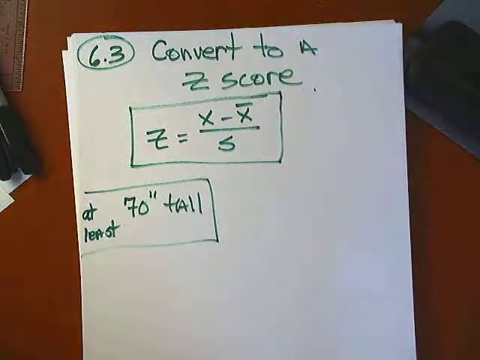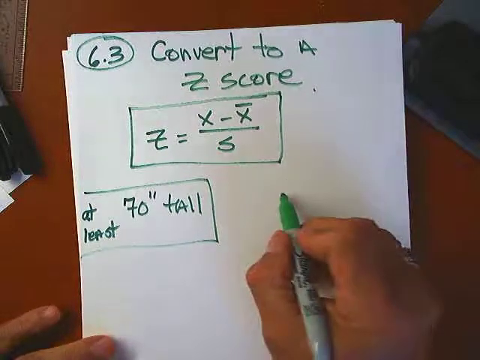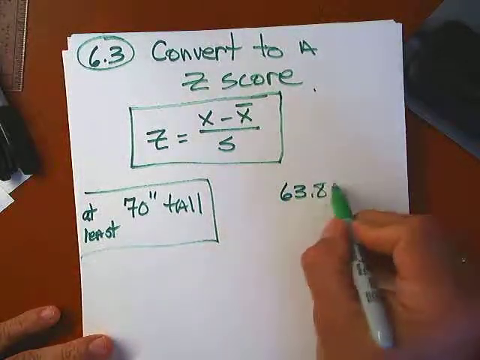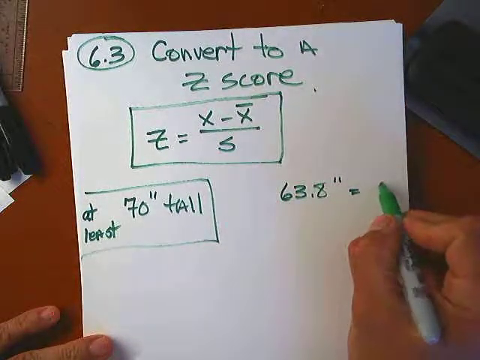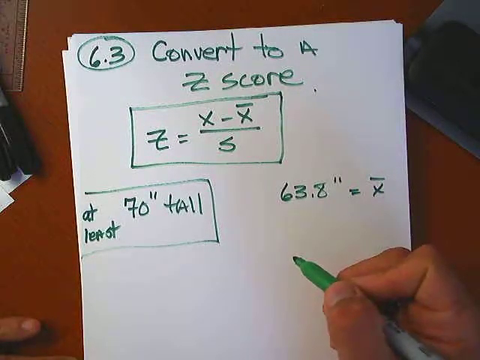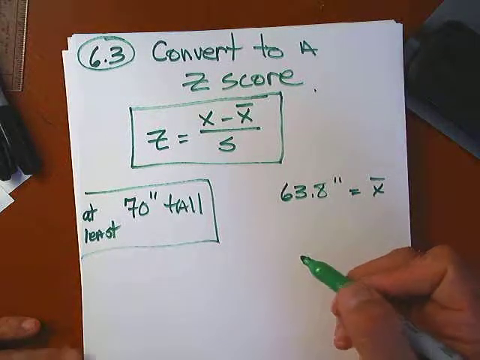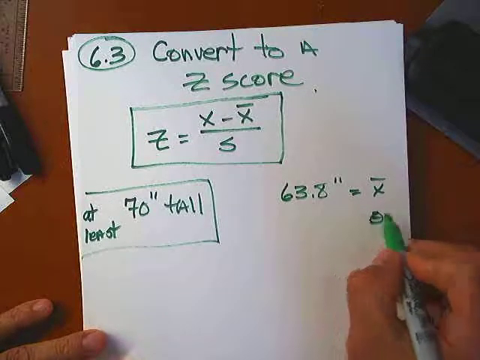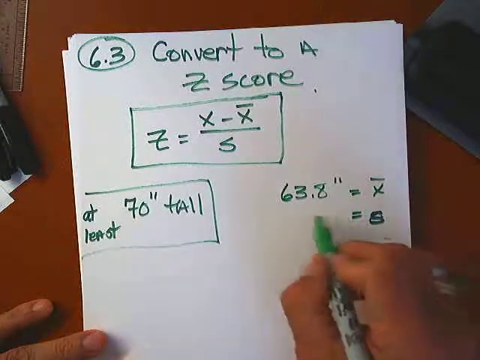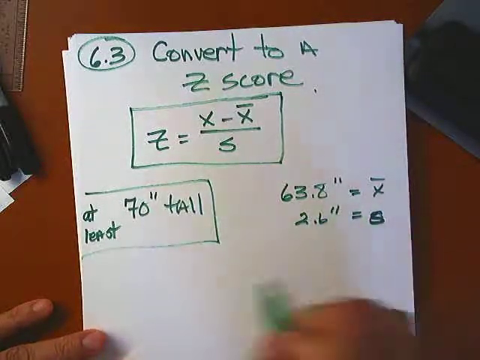And you're going to use z is equal to x minus x bar over standard deviation. Now we're going to do a quick example, and you'll see the similarities between the two sections. Let me pull up an example.